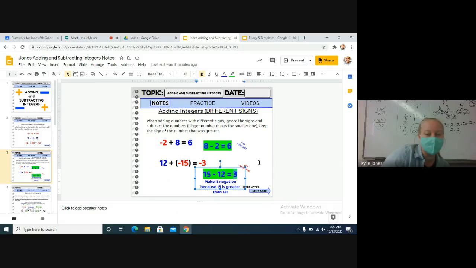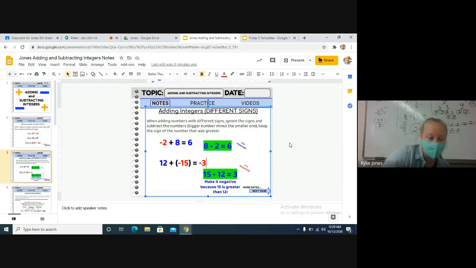Yep. So we take the sign of the greater number. 15 is greater than 12, so this is going to be a negative number. -3. Okay? So that's adding integers when it's a different sign.